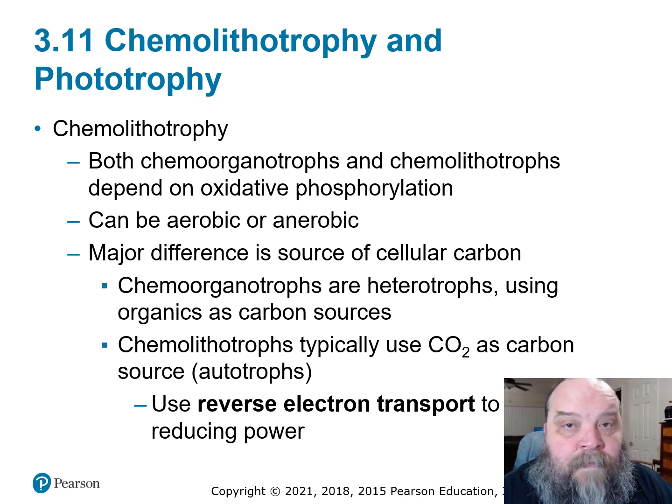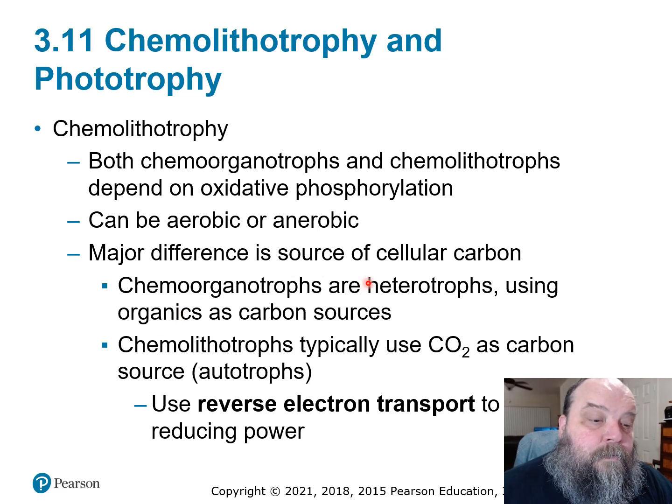They're still going to have a variation of the excited electrons transported by NAD and FAD, the bleeding of the energy by some cytochrome-like proteins, or cytochrome-like compounds, pumping the hydrogens, and then ATP synthase, making ATP. Just where their carbon is coming from.